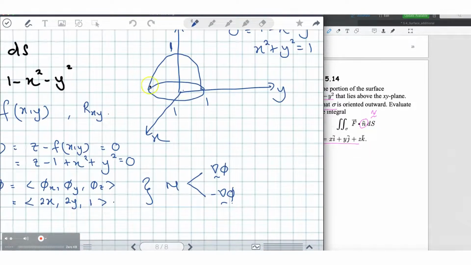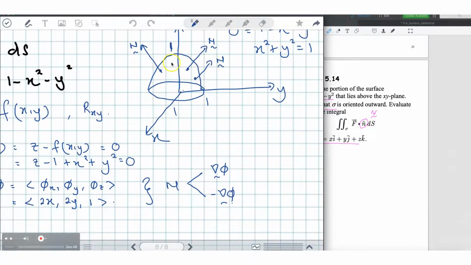So since this is your surface, which is a bowl, the normal vector always points outward to the bowl, pointing this way. If you have another point, this is your n, and this is your n. So you can evaluate your normal vector for any point here.